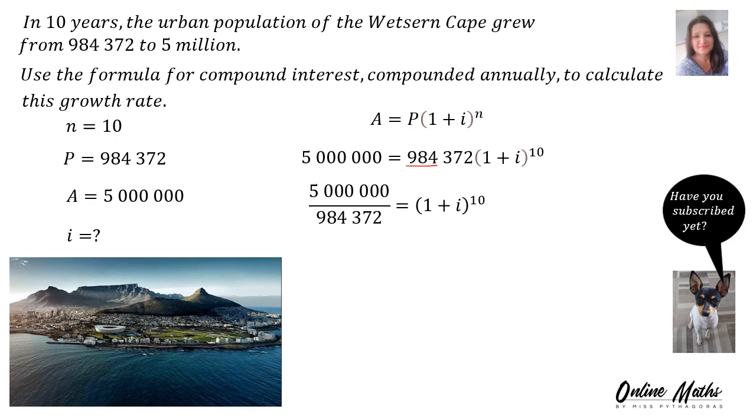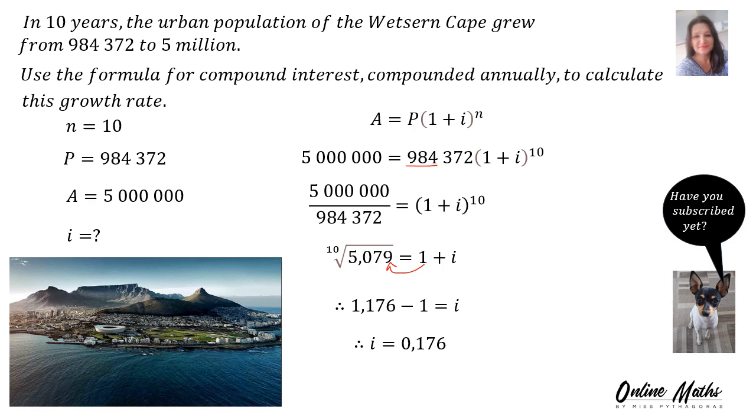Then to get rid of the power of 10, I will take the 10th root on both sides. This 5 million divided by 984,000 is 5.079, and then you take the 10th root there and you end with 1.176, and then this 1 will walk across, it becomes minus 1.